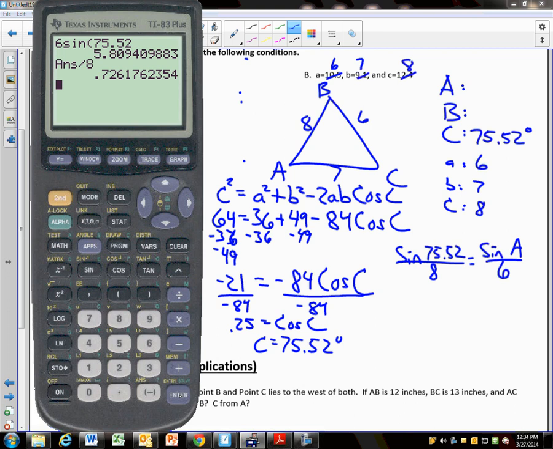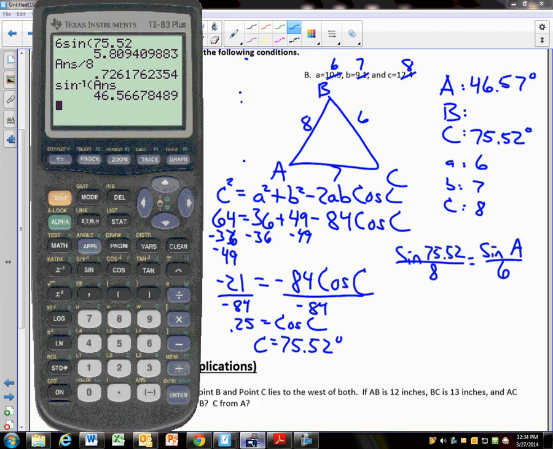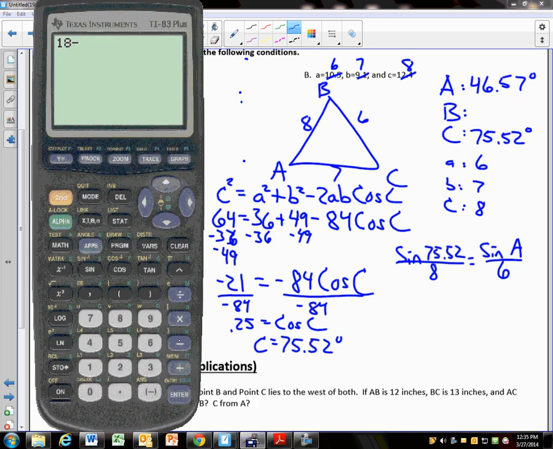Is that my answer? Inverse, because you're solving for an angle. 46.57. How do I find B? 180 minus 75. What?